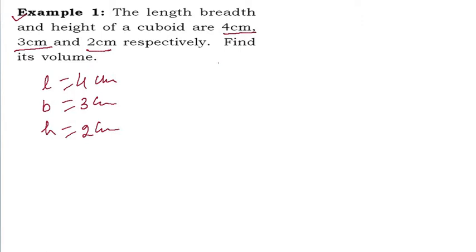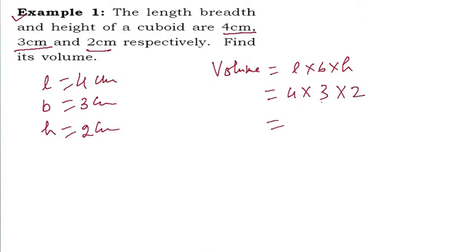Find the volume. Volume is equal to, formula क्या होता है आप लोगों को पता है? Volume is equal to length into breadth into height. So length is given as 4, breadth is given as 3 and height is 2. So 4 threes are 12 and 12 twos are 24 centimeter cube. So that is the unit and it's your answer.